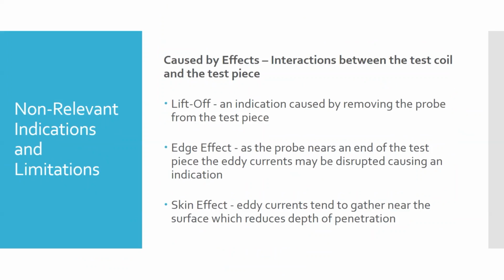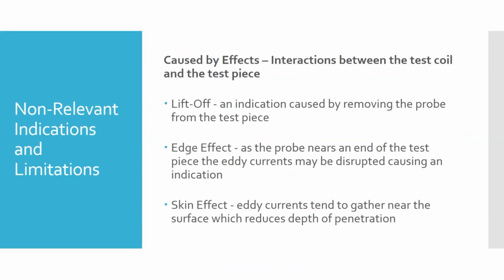The third thing here is skin effect, and this doesn't really create much of an indication per se. But remember when we create those eddy currents, when we looked at the strength of the field, where was it concentrated? Where is the field the strongest? When we looked at depth of penetration, that kind of thing.